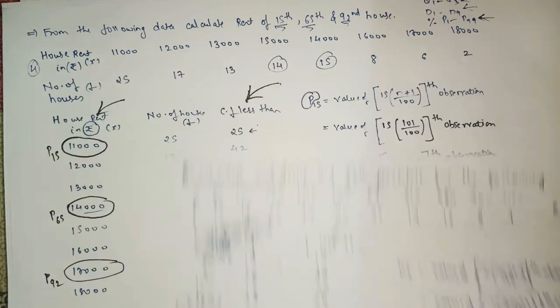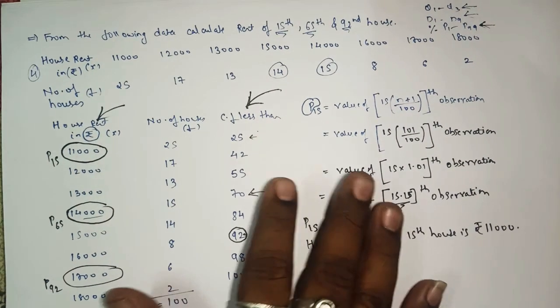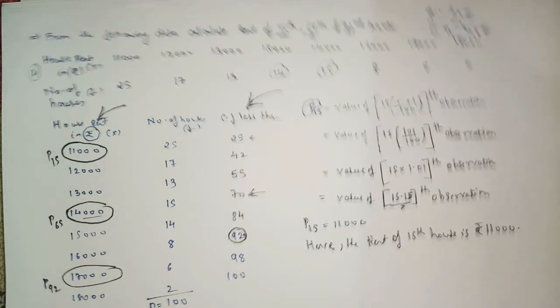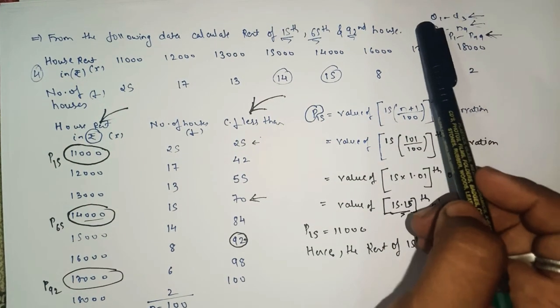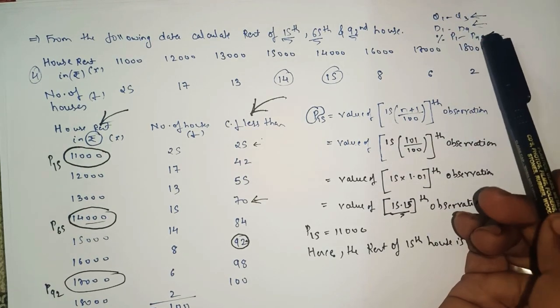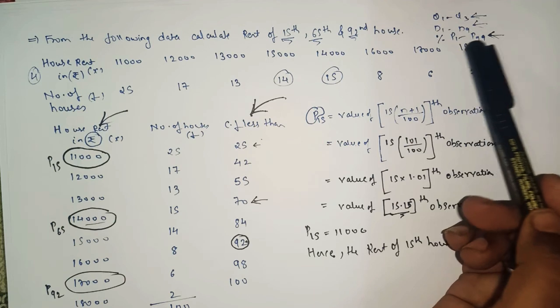Okay, and in the second example, as I told, whenever it is not mentioned what exactly we have to find, whether deciles, percentiles or quartiles, we have this knowledge: the range for the quartile is from Q1 to Q3, for deciles D1 to D9, and for percentile P1 to P99.